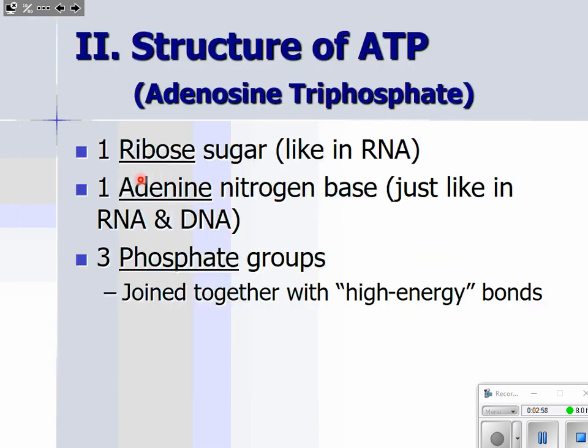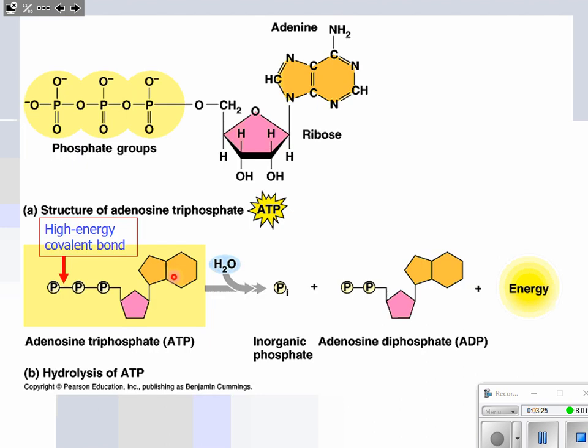So just a quick recap of what we just talked about. Structure of ATP: 1 ribose sugar, 1 adenine nitrogenous base, and 3 negatively charged phosphate groups that are held together with high energy covalent bonds. And remember, they don't like being near one another. So those have to be strong bonds to hold those negatively charged phosphate groups together.